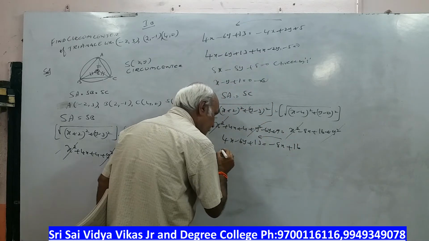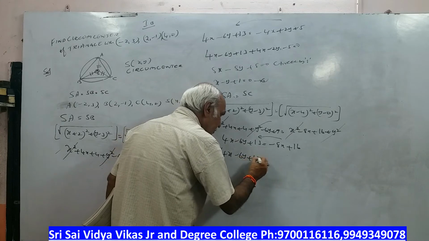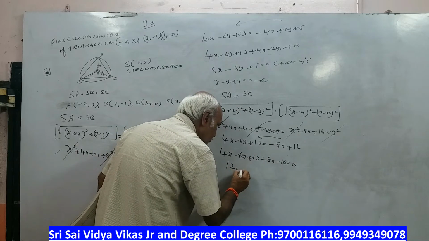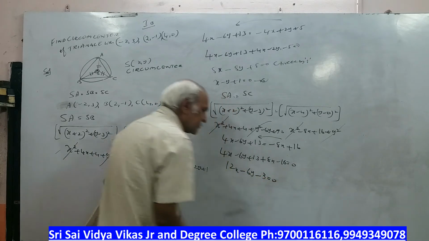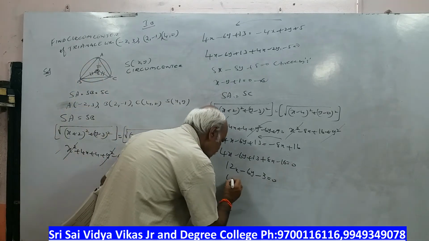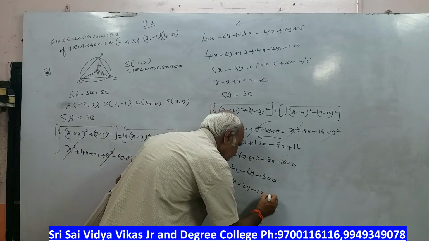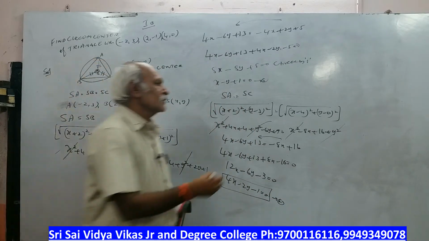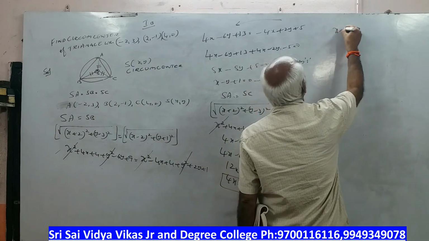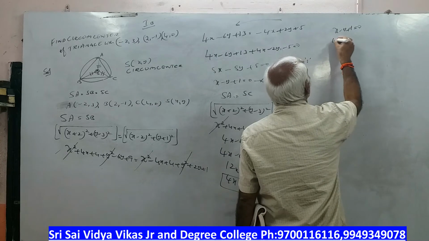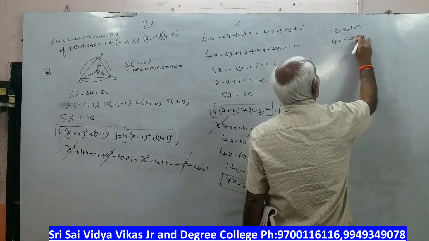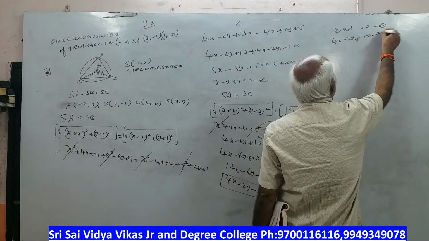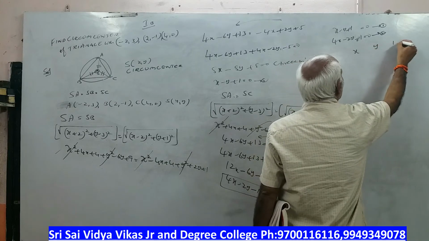Bring that down to this side: 4x minus 6y plus 13 plus 8x minus 16. So 4x plus 8x is 12x, minus 6y, minus 3 is equal to 0. Cancel with 3: 4x minus 2y minus 1 is equal to 0. This is the second equation. We got the first equation, we got the second equation. Therefore, first equation, second equation, x, y, 1.